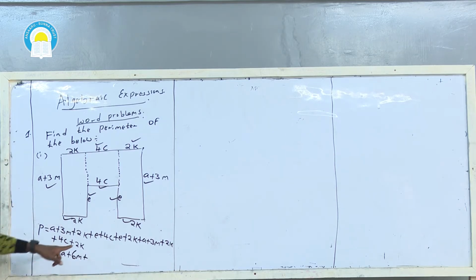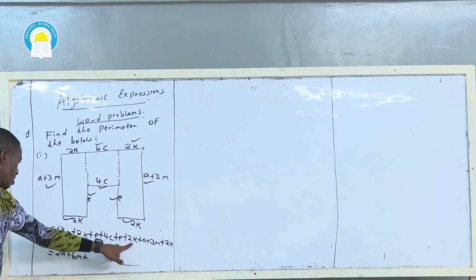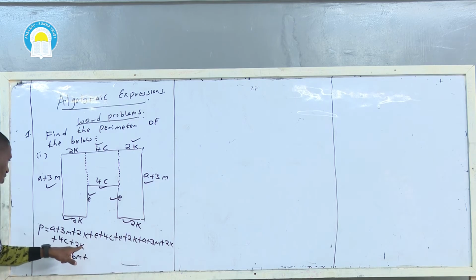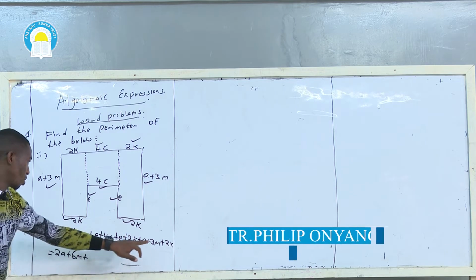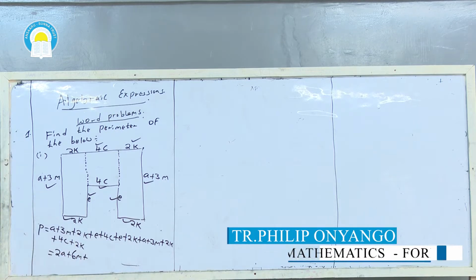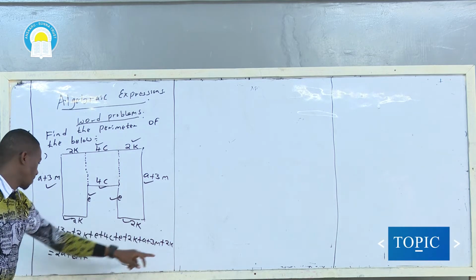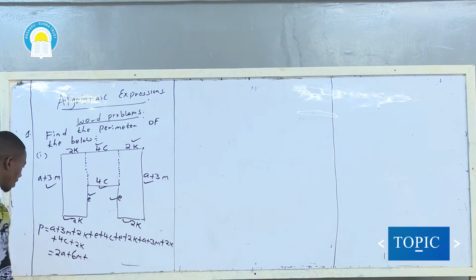Plus, how many K's am I having? I'm having 2K, going around 2K, again 2K, then again 2K. So total, how many 2K's am I having? 1, 2, 3, 4. That one means 2K plus 2K is 4K, plus 2K is 6K, plus 2K is 8K.